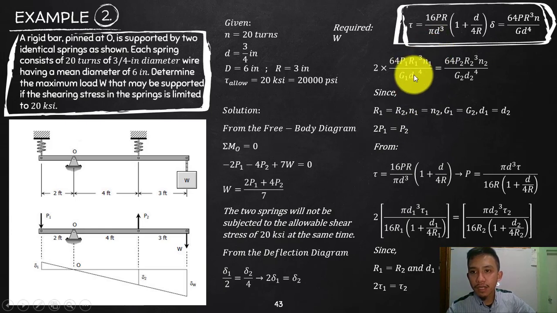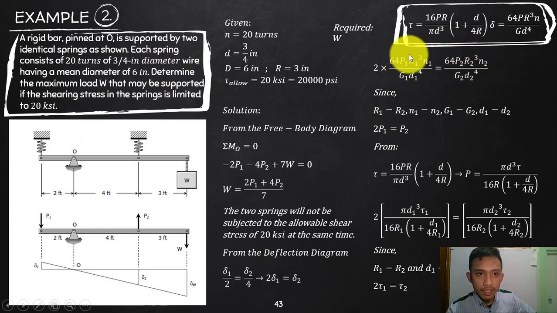However, in this one, so that it is not that complicated, look at that, the springs are identical. They have 20 turns, the wire diameter is the same, and the diameter of the helix is the same. So your radius 1 and radius 2 will be equal and cancel out.